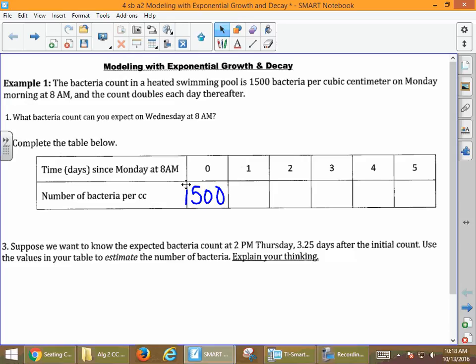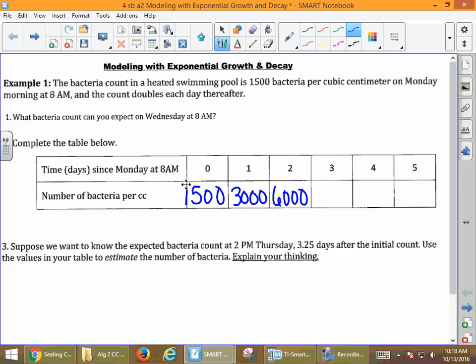Tiffany? 3,000 cubic centimeters. And then on Wednesday, our bacteria is going to double again, and we get 6,000.